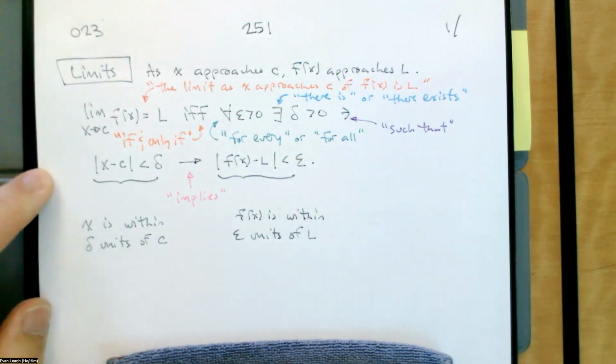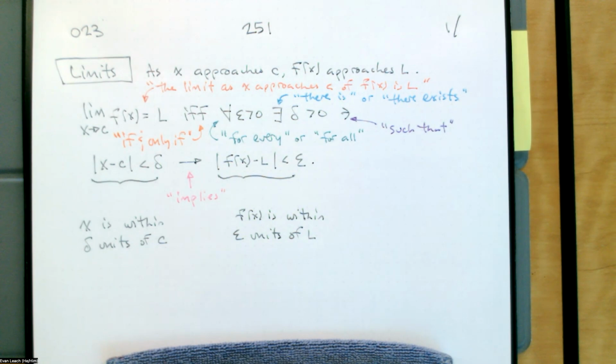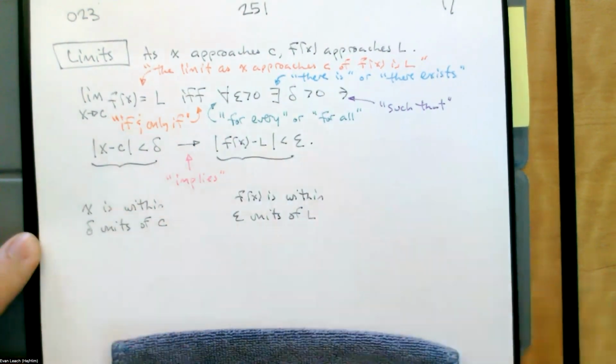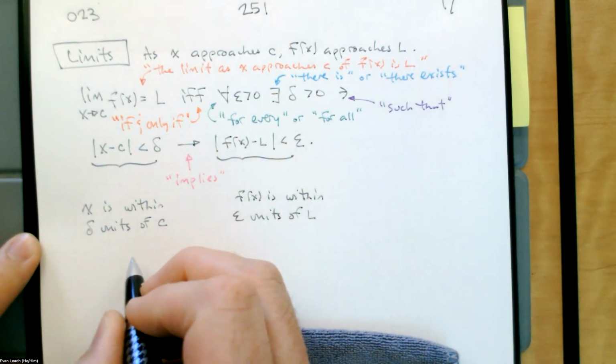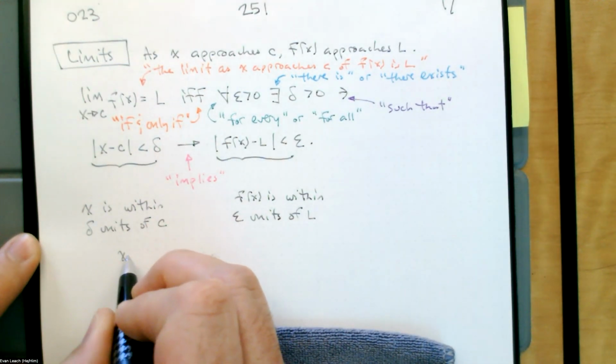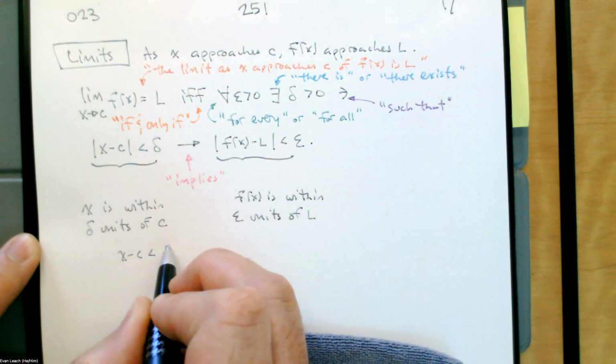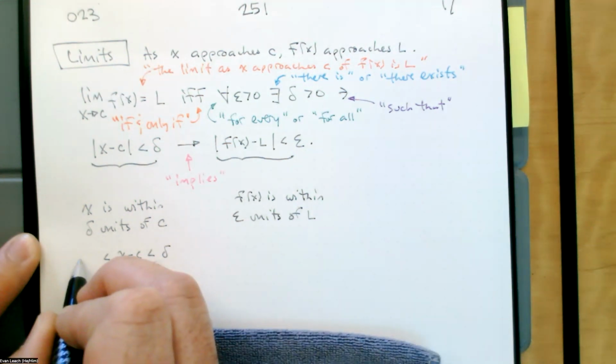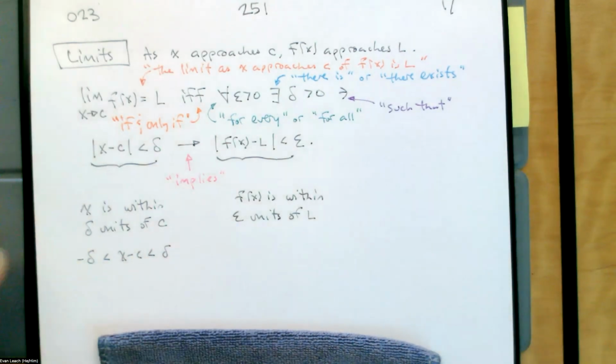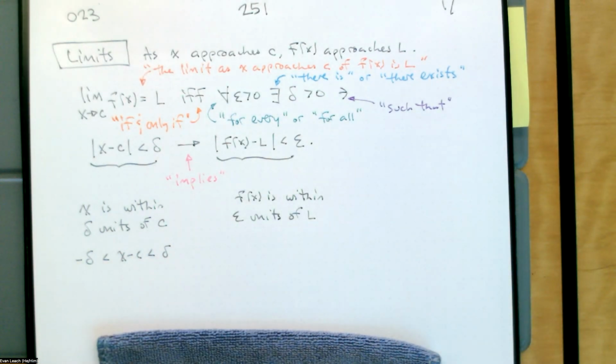So if we look at this absolute value inequality and we do the algebra thing and solve it, when we have an absolute value less than, an inequality in this direction, what we're saying is that x minus c is less than delta and greater than the opposite of delta. Remember, in the statement of our definition, we've required delta to be some positive value, so it makes sense to write the inequality this way.